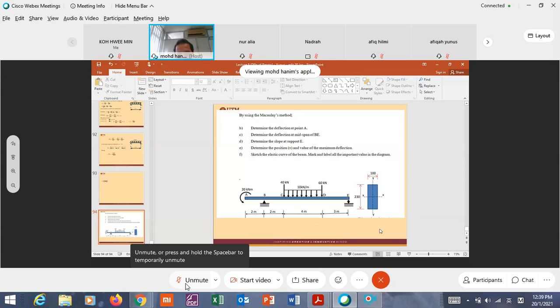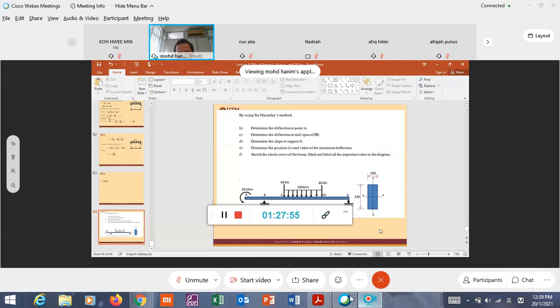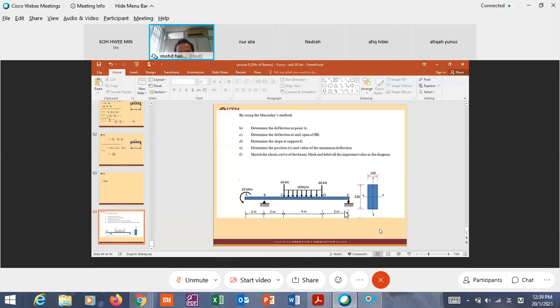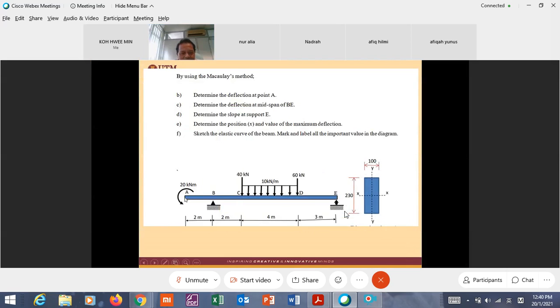By using Macaulay's method, determine the deflection at point A, which of course is the maximum deflection at the cantilever. Determine the deflection at midspan of BE. Determine the slope at point E. Determine the position X and value of the maximum deflection.